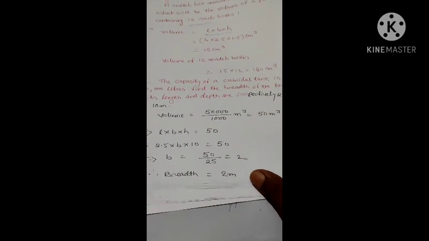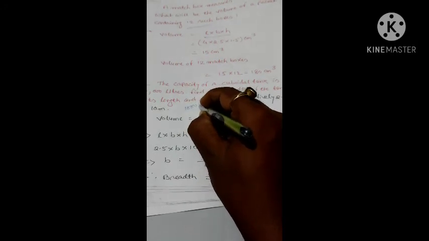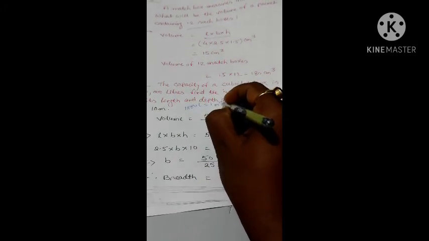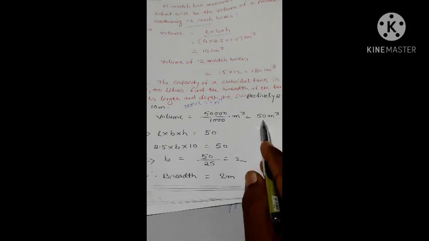How can we do it? We have to remember that 1000 liter is equal to 1 meter cube. That means to convert liter into meter cube, we divide by 1000. So 50,000 divided by 1000 is 50 meter cube. This is the volume of our cuboidal tank.